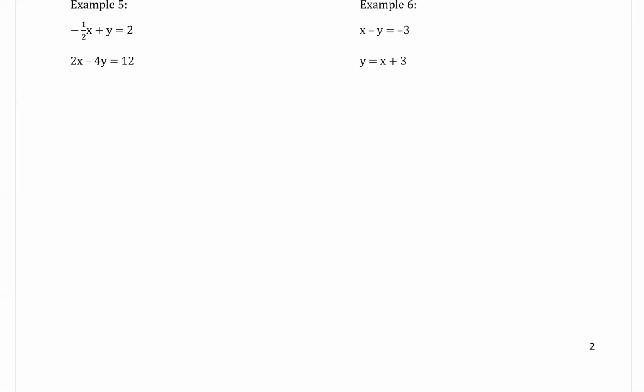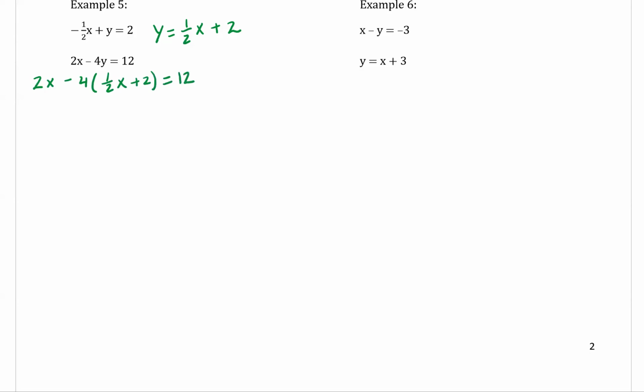Example 5. I'm going to solve the first equation for y, because that's the only one that has a 1 in front of it. So I'm going to add the 1/2 x to both sides. I'm not going to let fractions scare me. And then I'm going to substitute in 1/2 x plus 2 for y in the second equation. 2x minus 4 times 1/2 x plus 2 equals 12.